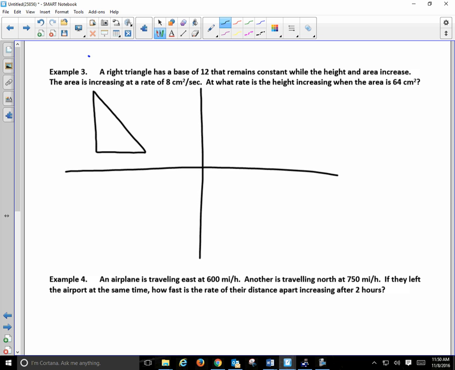A right triangle has a base of 12 that remains constant while the height increases. Obviously, the hypotenuse will increase, and the overall area is then going to increase. What is my formula for area?